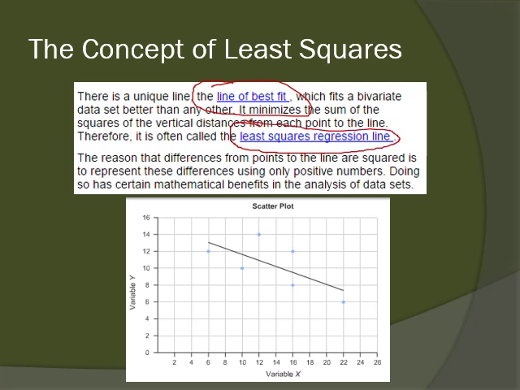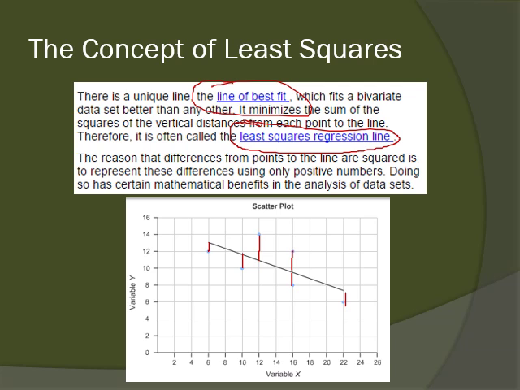The reason you call it least squares is you're going to find the distance from the line to each point. Because some of them are going to be above and below in all these different examples, you don't want to worry about whether it's positive or negative, above or below. You just want the distance to be as little as possible. So that's why we square it, to get rid of the positive and negative consideration. A positive squared gets a positive, and a negative squared gets a positive as well.